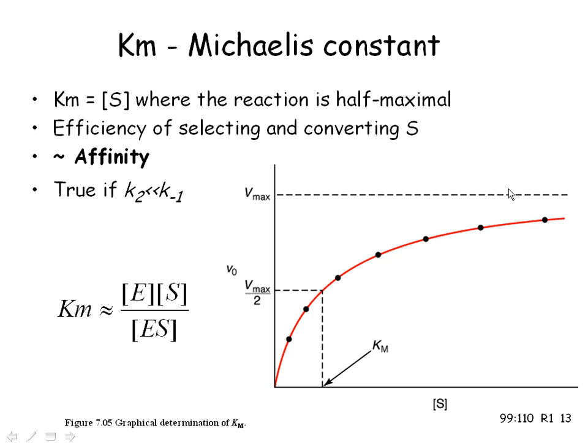And a second number is the Km, the Michaelis constant, which is, in practical terms, going to be observed when you've gotten to half of the maximal velocity. That's the concentration of substrate it takes to get to the half maximal velocity. Just as we looked at the half saturation of hemoglobin and myoglobin to compare their affinities, we use the half maximal concentration to look at that.